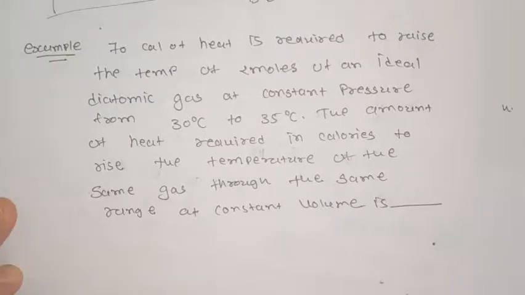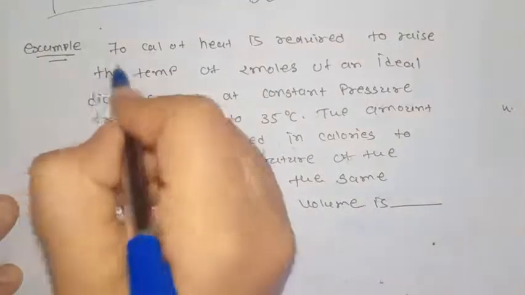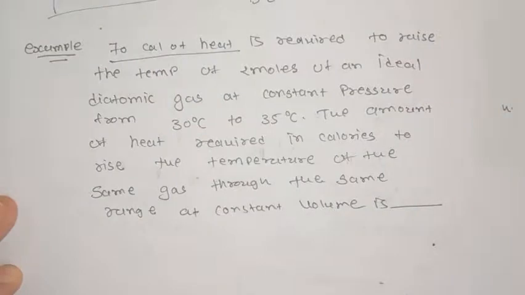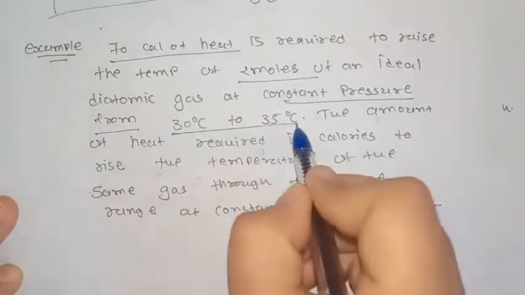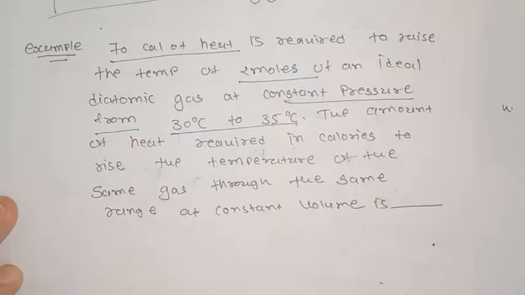In this example, 70 calorie of heat is required to raise the temperature of 2 moles of an ideal diatomic gas at constant pressure from 30 degrees Celsius to 35 degrees Celsius.